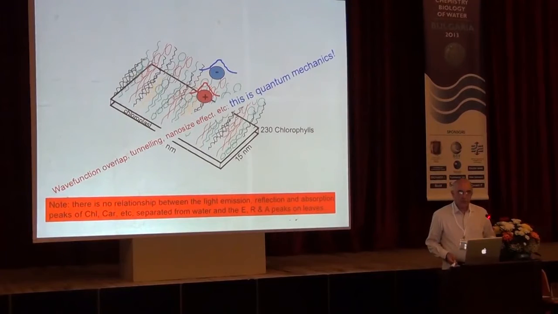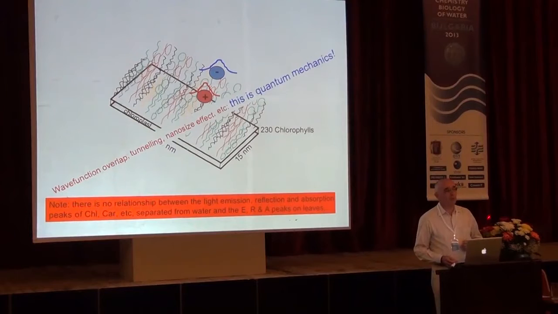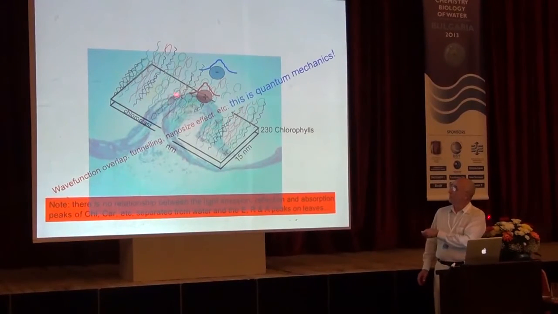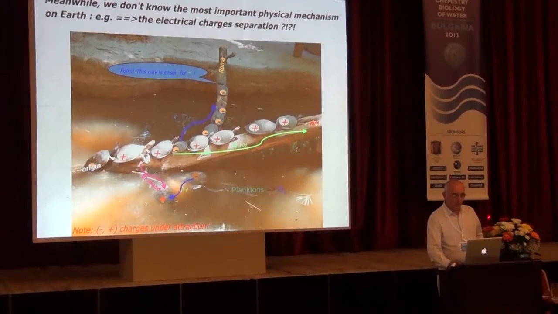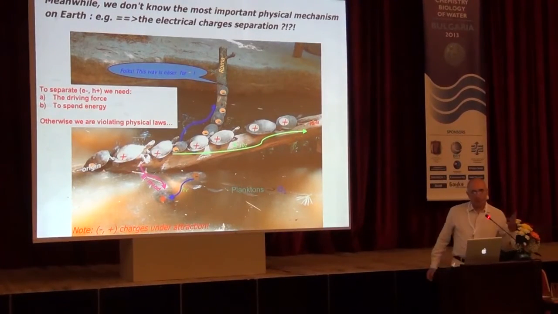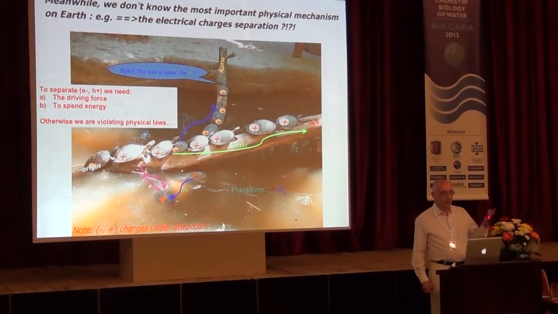And all this must be considered when you talk about photosynthesis, when you talk about the process inside it. And of course, you have to consider water. This system is immersed in water. It changes everything.